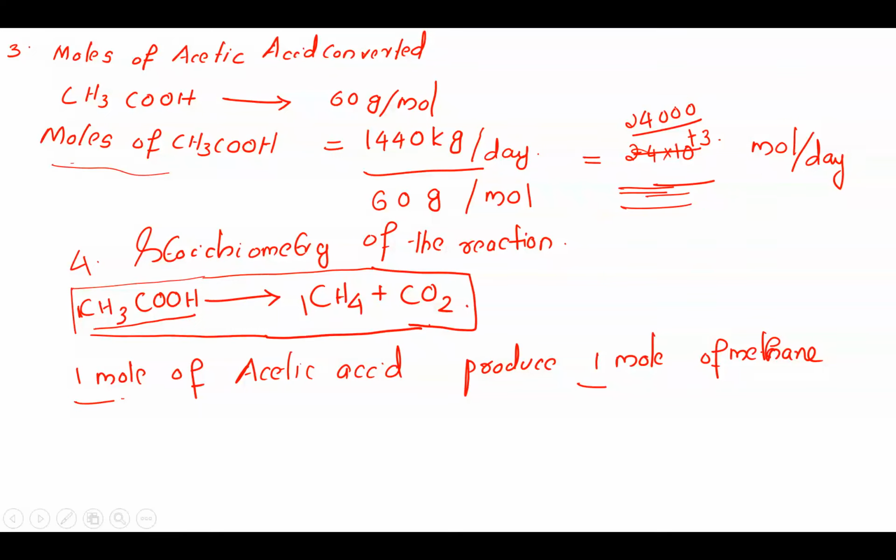So this means that moles of CH4 production is equal to what? Can you say? We know that 1 mole of acetic acid produces 1 mole of methane, and in this whole system we got the moles of acetic acid converted. So can we directly say the moles of methane?